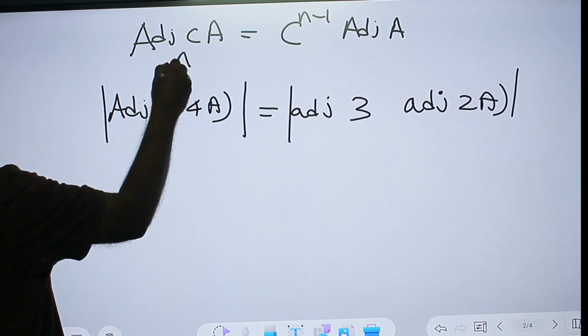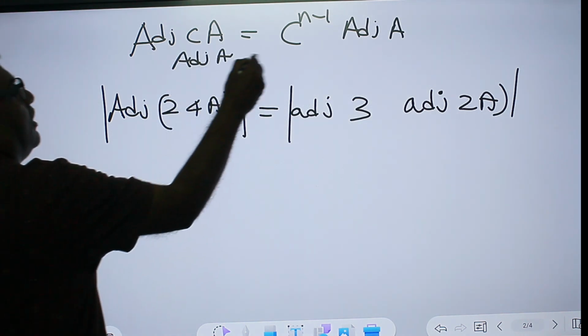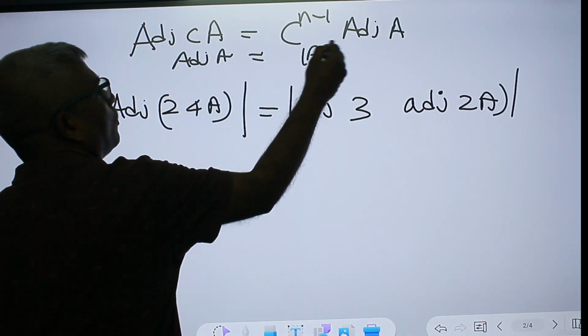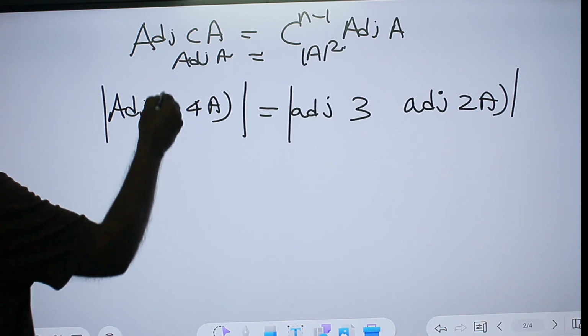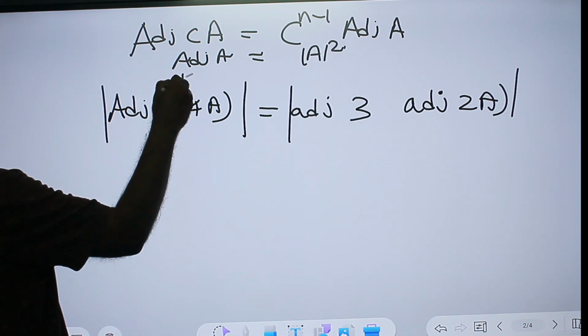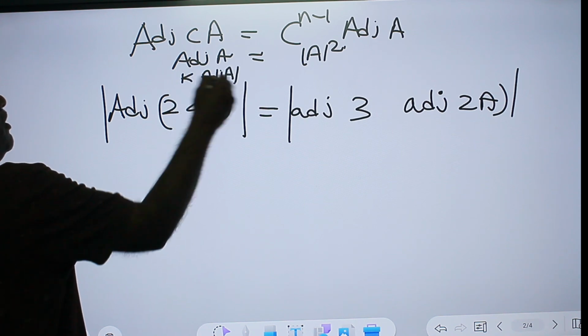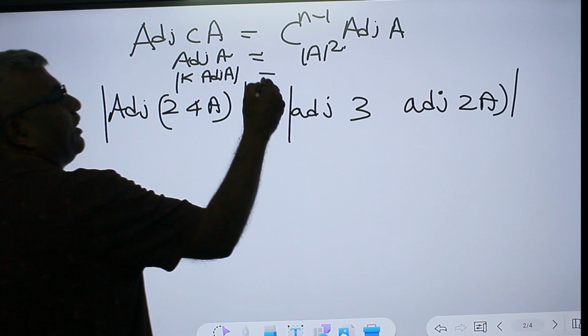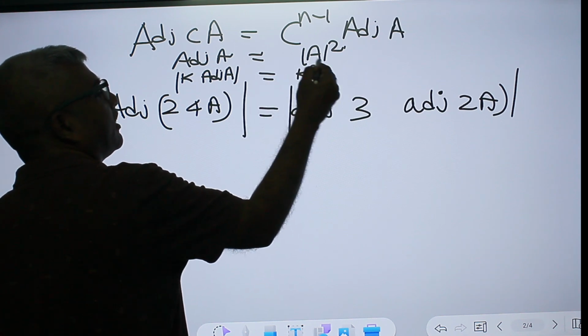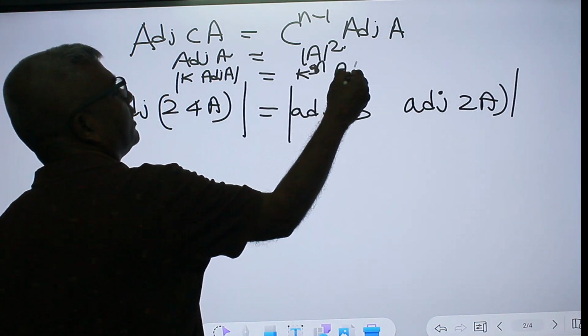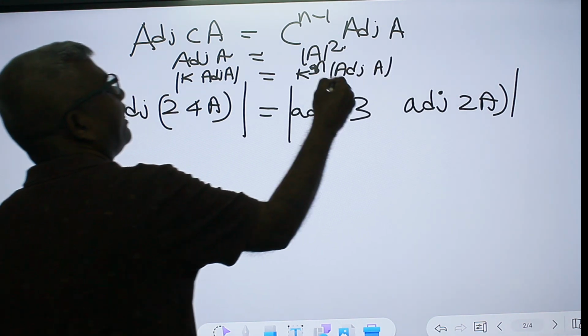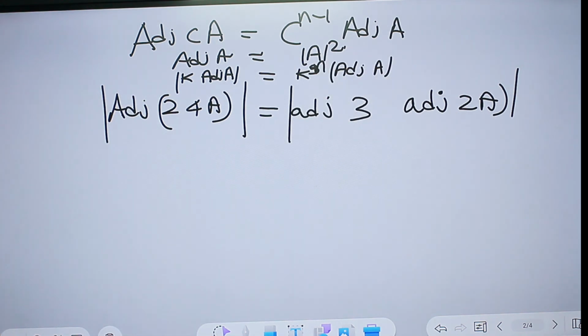Second is adjoint of adjoint A means A square. Third is taking K out from the determinant: K power n, determinant of A. If you want to take K out from the determinant, it is K power n, where n is the order of the matrix.